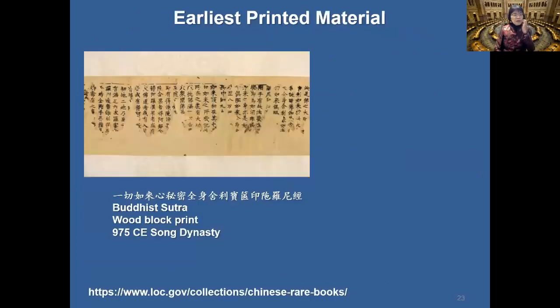There are so many Chinese things I'd like to share, but given the sake of time, I only share something very rare. So this is one of the earliest printed materials the Library of Congress collected, which is from 975 CE, in the Song Dynasty, so it's more than 1000 years old, a Buddhist sutra.